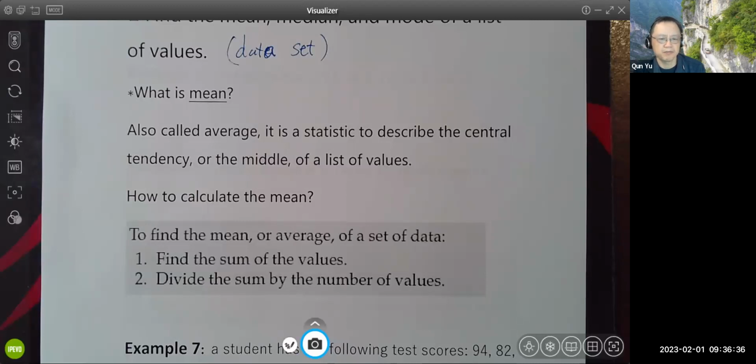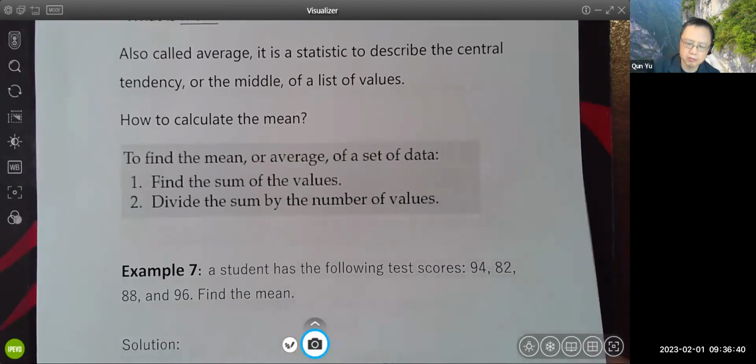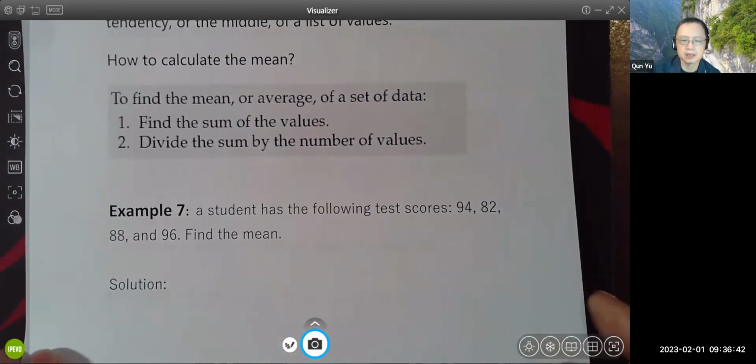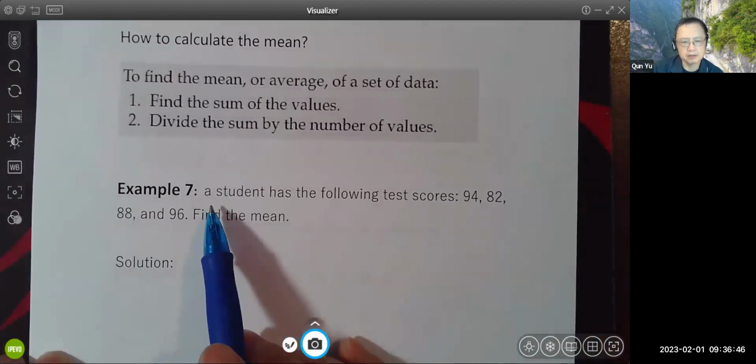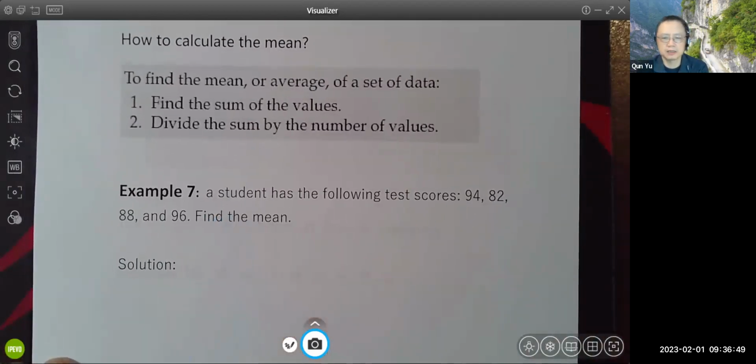The middle value. Okay, now let's look at our first example, probably the only example, because this concept is very straightforward. Example 7: a student has the following test scores: 94, 82, 88, and 96.